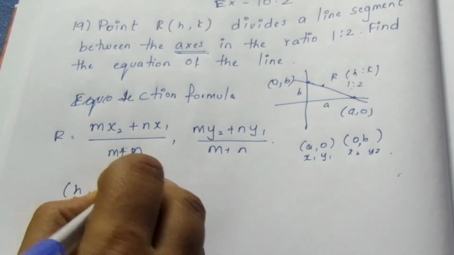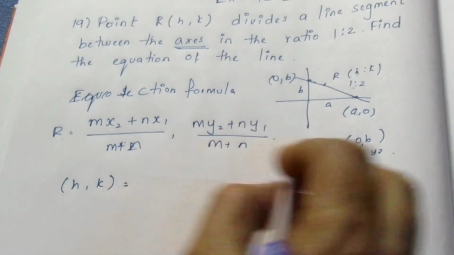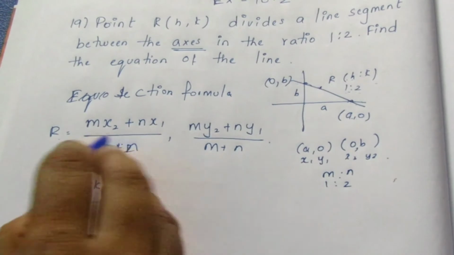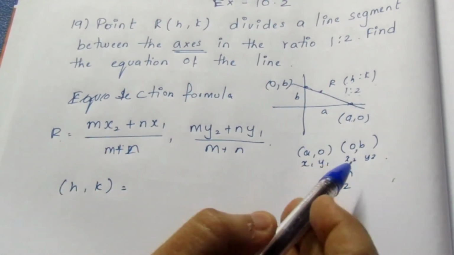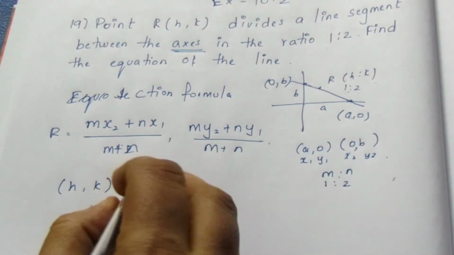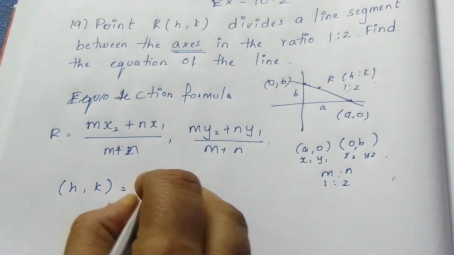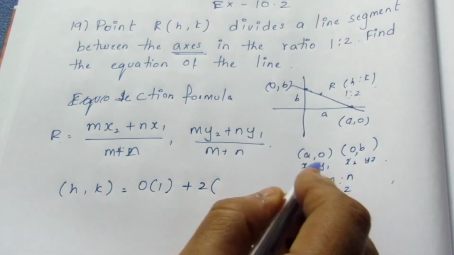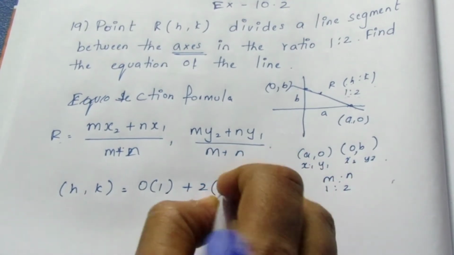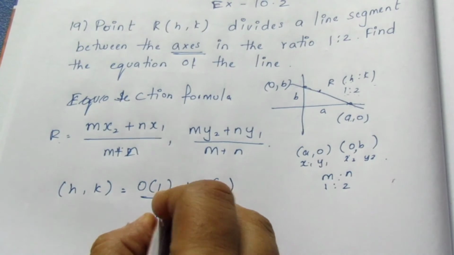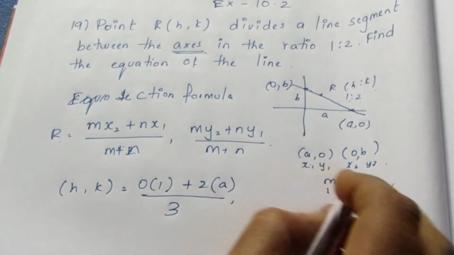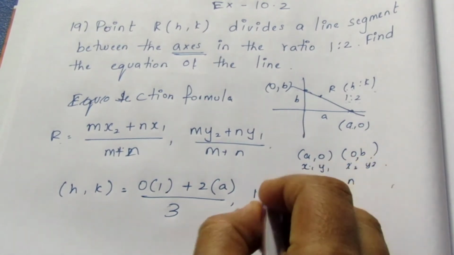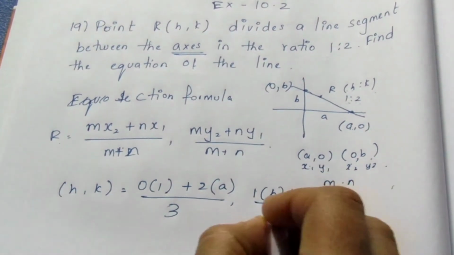h comma k is equal to, instead of m and n we have m is to n as 1:2. So 1 into x2, which is 0, so 1 into 0 will be 0, plus n is 2 into x1 which is A, by 1 plus 2 is 3, comma, the same way 1 into B plus 0 by 3.